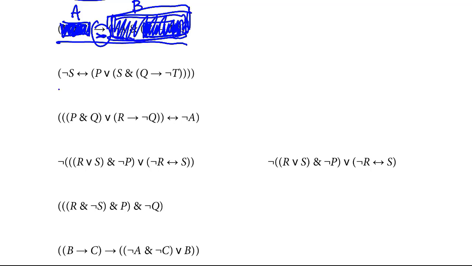All right, this guy here, pretty long sentence. We do have outer brackets, so we'll just take it. We want to find the first chunk. If we're starting with the first chunk, our only option is this Q arrow not T, inside the innermost brackets. So that's one thing.